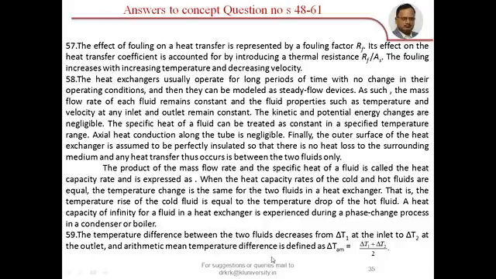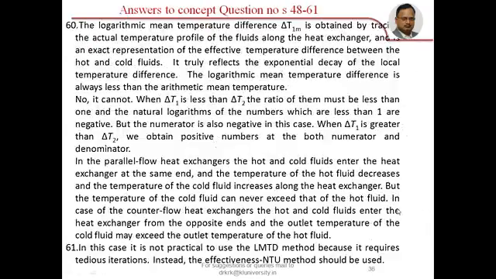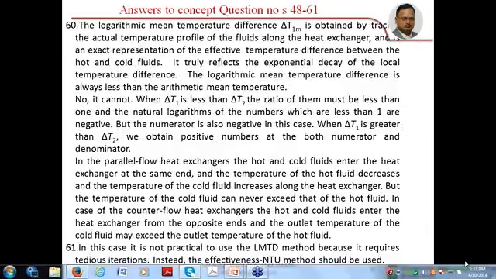The temperature difference between two fluids decreases from delta T1 at inlet to delta T2 at outlet, and arithmetic mean temperature difference is defined as (delta T1 plus delta T2) by 2 in case of both the fluids having the same heat capacity.